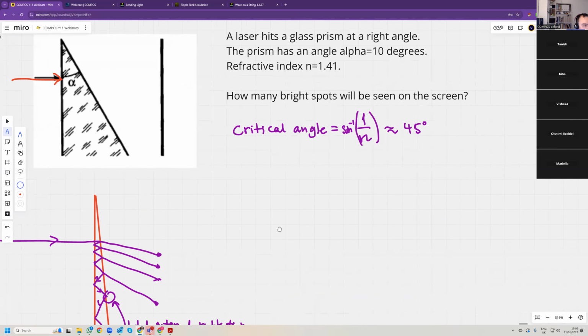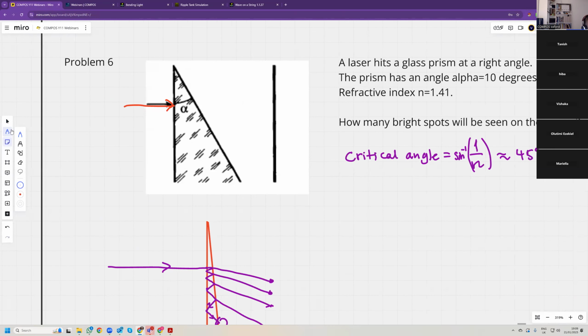Okay. So for the first reflection, when light falls onto the boundary, this is the normal line, this is the angle of incidence. Because this is 90 minus alpha, so that's alpha.